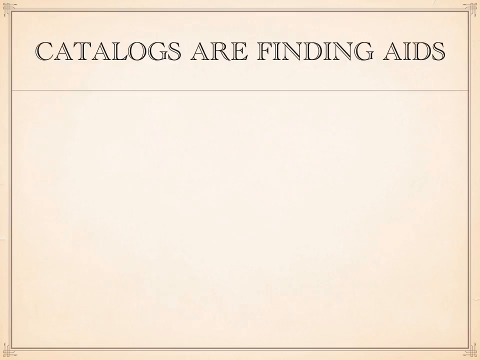Catalogs are basically finding aids. They do not include the entire contents of the book or other document. Catalogs are arranged alphanumerically by author and title.